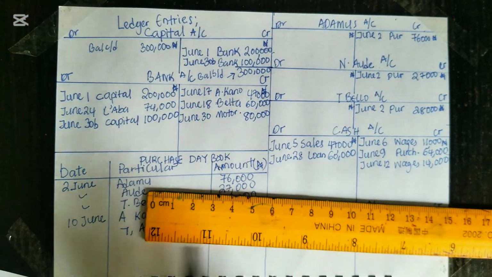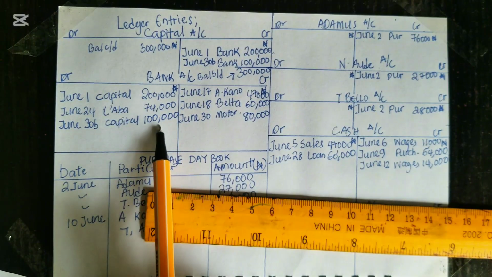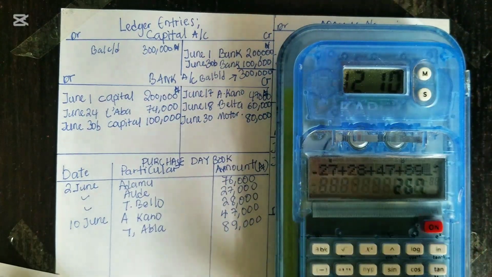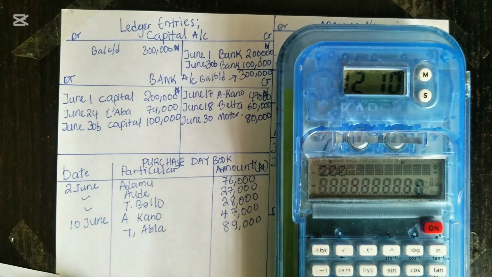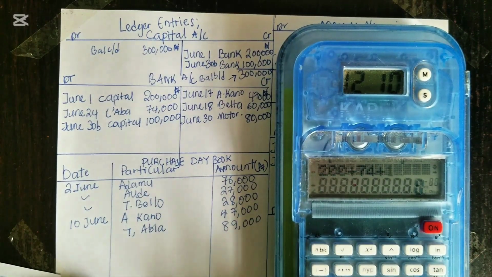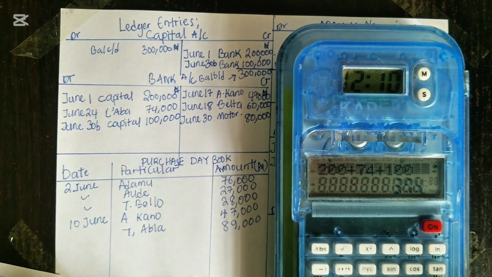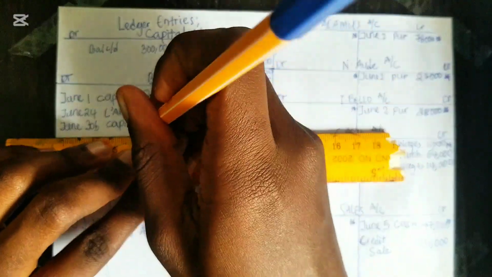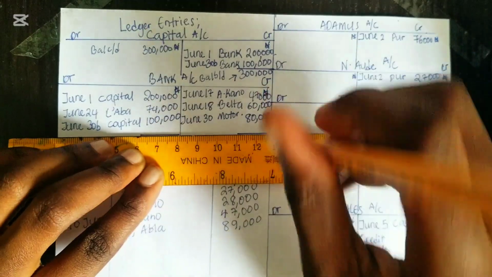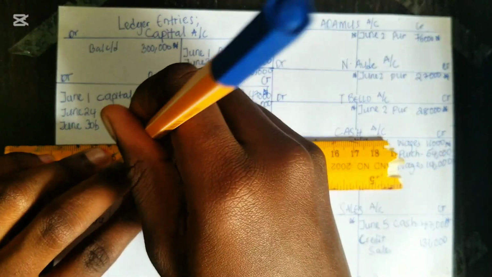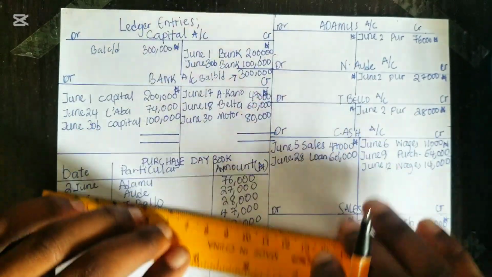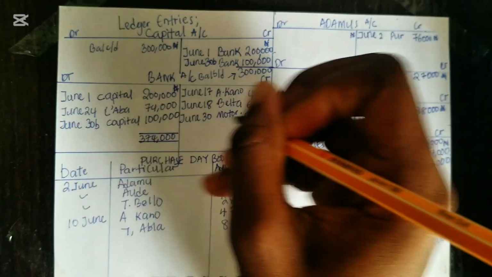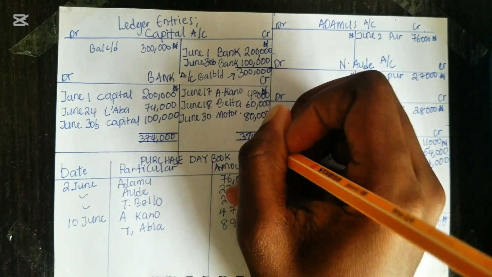So bank now, I told us anything bank and cash, the debit side has to be always more than the credit side. So now let's calculate our debit side. Our debit side is 200 plus 74 plus 100, which equals 374,000. That means here and here is to be 374,000.